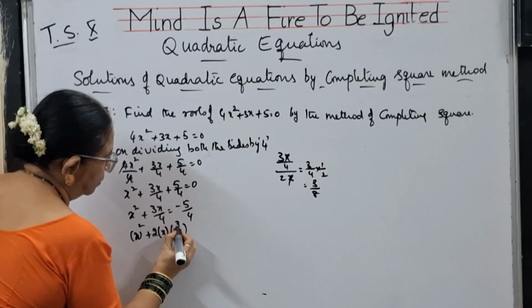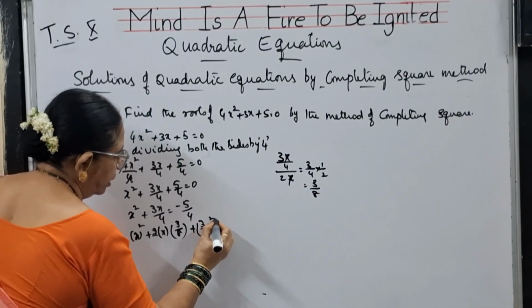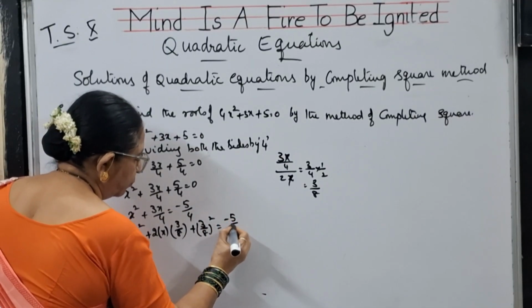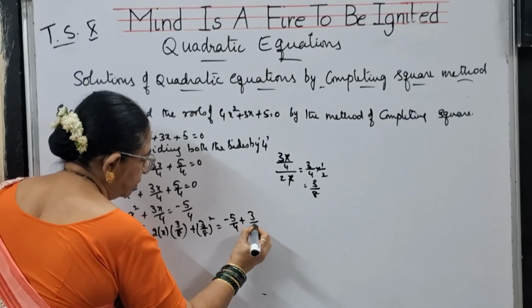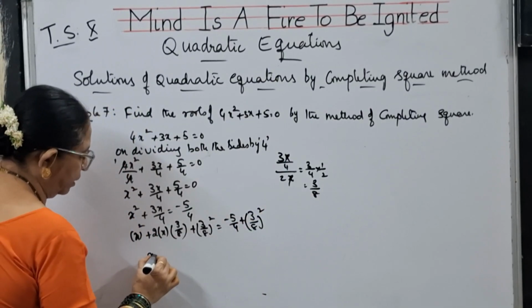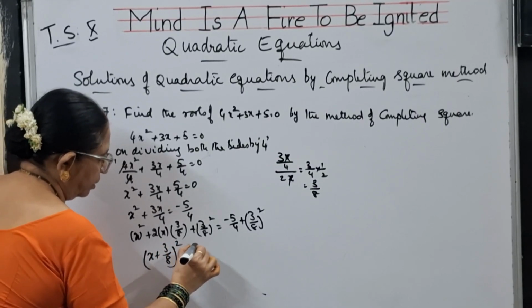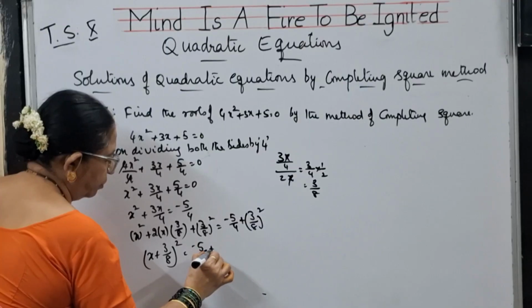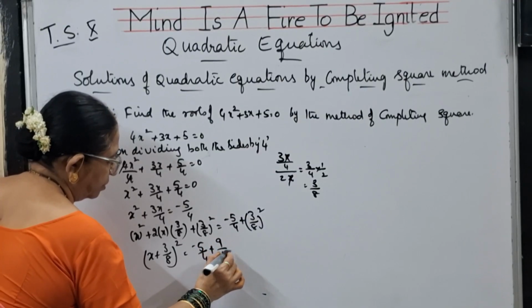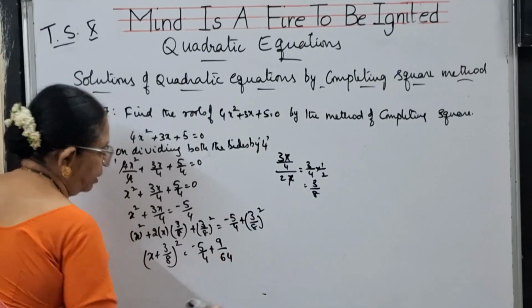So here it is x plus 3 by 8 whole square is equal to minus 5 by 4 plus 3 by 8 whole square. That means x plus 3 by 8 whole square is equal to minus 5 by 4 plus 9 by 64, 8 into 8 is 64.